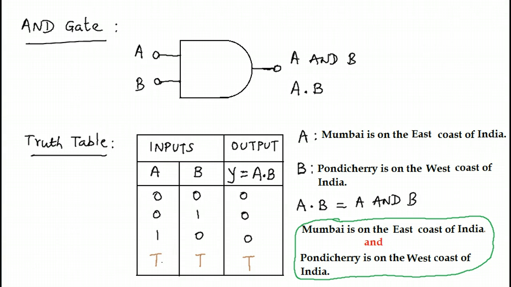And finally, in the last row, true, true, true becomes 1, 1, 1. In other words, the value of A and B is equal to 1 if and only if A is 1 and B is also 1. In any other case, and there are 3 of them, the value of A and B must be 0.